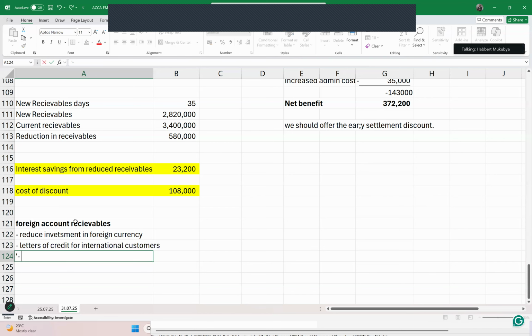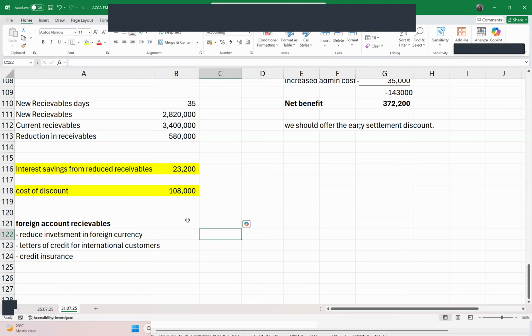In fact, we can also look at credit insurance, whereby you have insurance for the payment that you are going to receive.